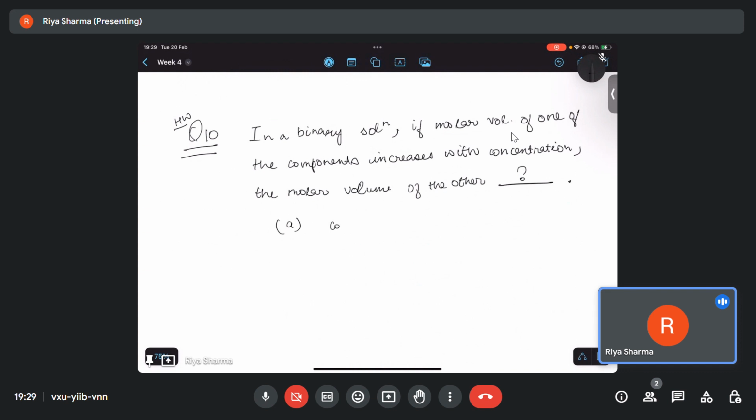A is constant, B is decreases, C is increases, D is same.